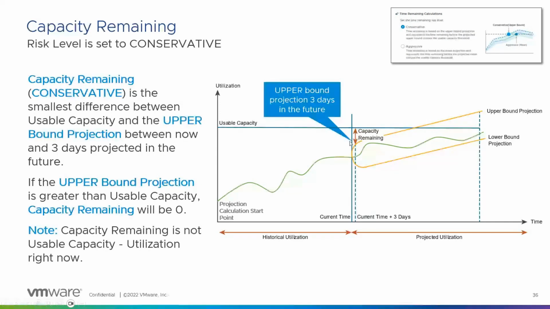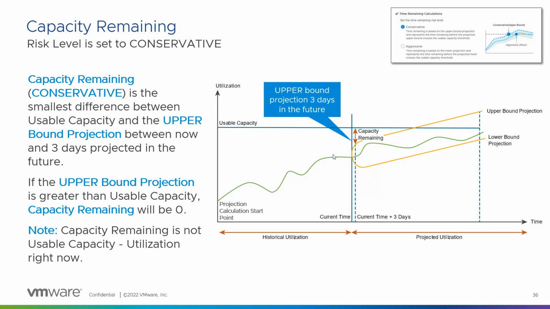Now this is different than, say, looking at the free space on my data store, because free space is looking at right now, and capacity remaining is looking at that projection 3 days in the future. So when you're looking at that in the UI, it can be confusing if you don't realize that capacity remaining is based on that projection.